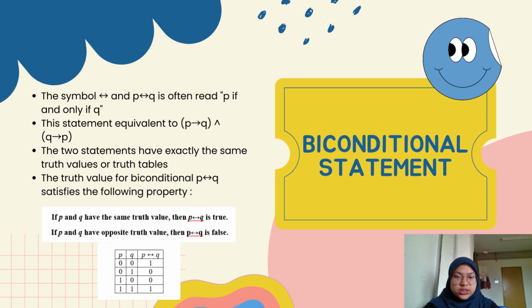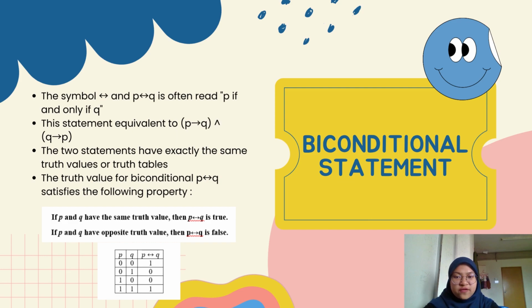Next, for biconditional statement, the symbol is left right arrow, and P left right arrow Q is often read as P if and only if Q. This statement is equivalent to if P then Q and if Q then P. The two statements have exactly the same truth values or truth tables. The truth value for biconditional P if and only if Q satisfies the following property.